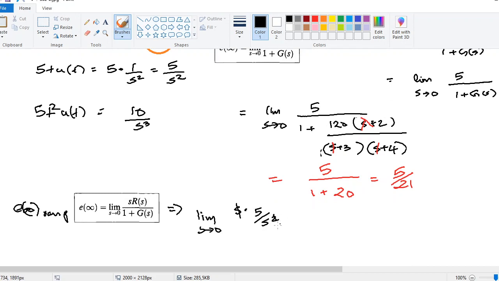So one s and one s here will cancel out, divided by 1 plus G of s.